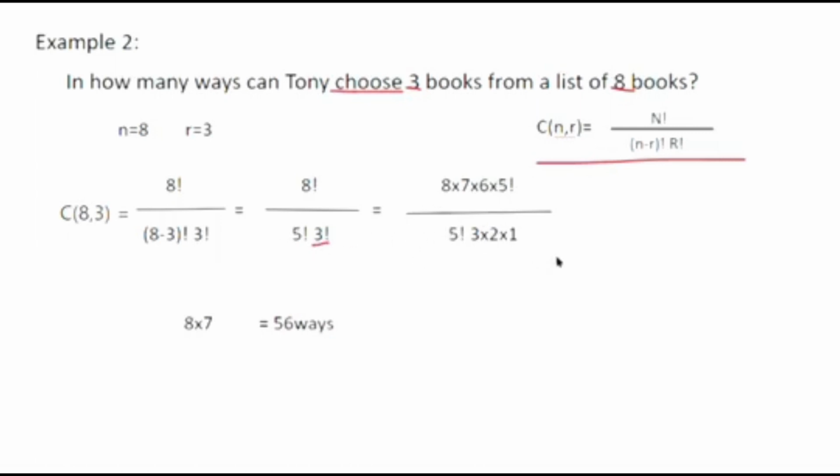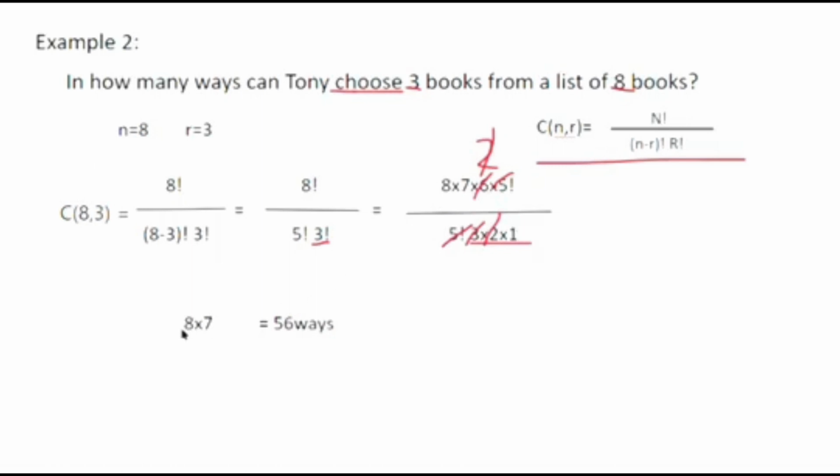Si 3 factorial, expand natin siya, magiging 3 times 2 times 1. So, ngayon, mag-cancel out tayo. 5 factorial, cancel kay 5 factorial. Si 3, cancel kay 6, magiging 2 si 6. Ngayon, si 2, cancel natin siya kay 2. So, yung natitira natin dito ngayon ay si 8 and 7. And yung denominator natin is 1.